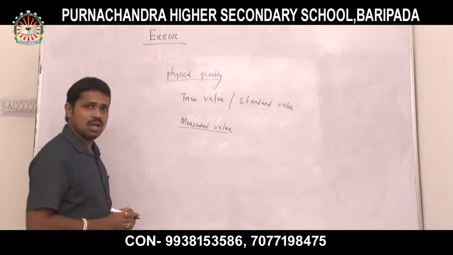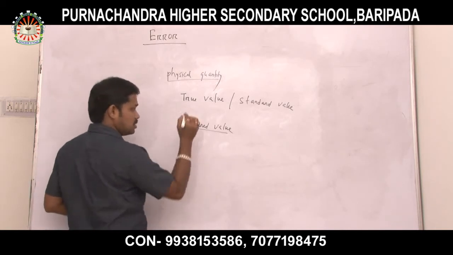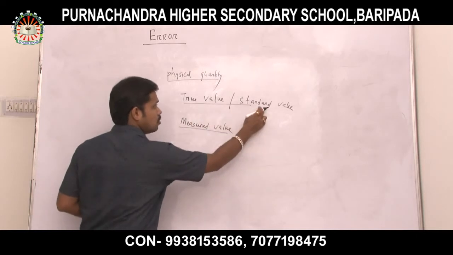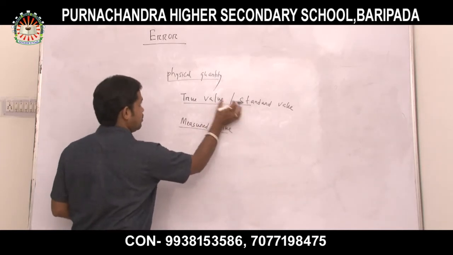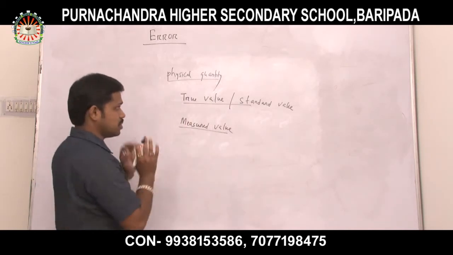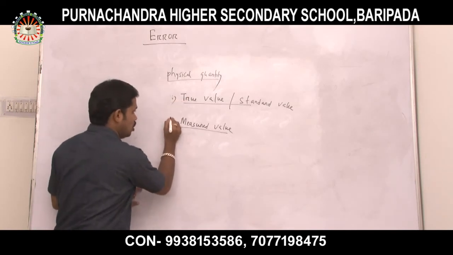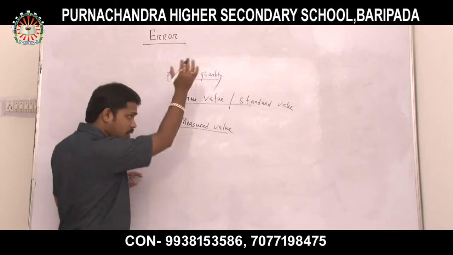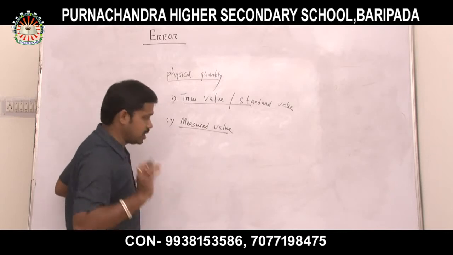Then we have two values with us. One is the true value or standard value, which is already provided to us before performing the experiment. Number two, when we perform the experiment, after getting the results, we get some values. They are called measured values. All of you clear? Okay.